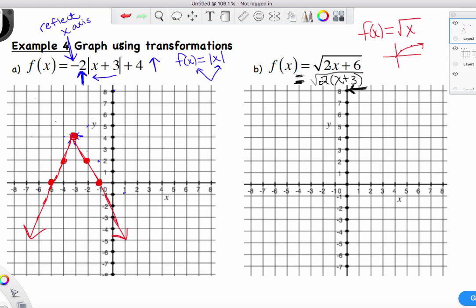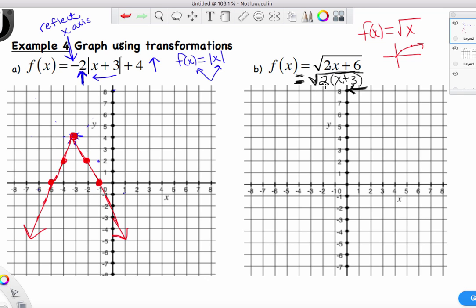And a number being multiplied on the inside of your function is going to be a horizontal stretch or compression, and it's going to be opposite of what you think. When we look at example 4a and we were multiplying by 2, it was actually stretching our y values and doubling them.